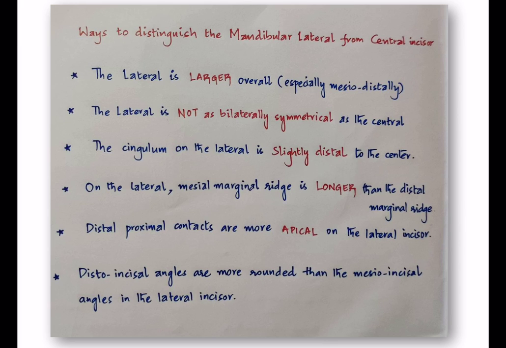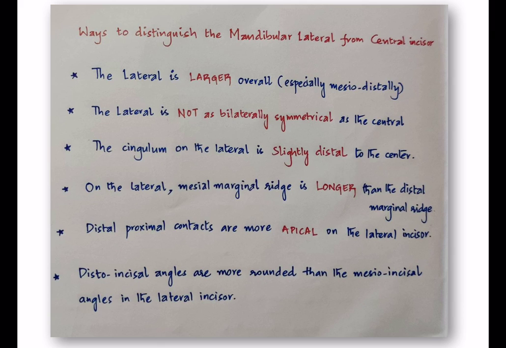Here are some more ways to distinguish the mandibular lateral from the central. The lateral is larger overall. As I told you, the mandibular central is the smallest tooth in the dental arch. The lateral is not as bilaterally symmetrical as the central. The central incisor is bilaterally symmetrical and smaller when compared to the mandibular lateral.